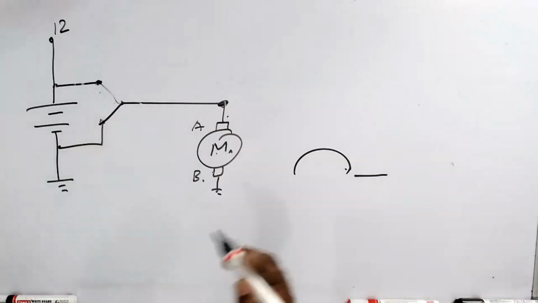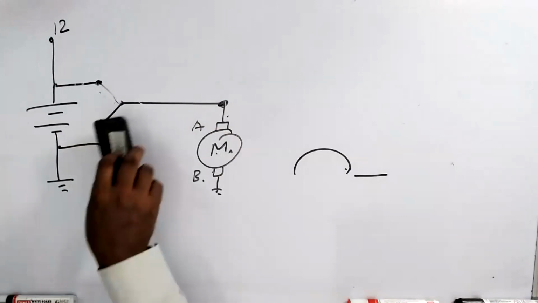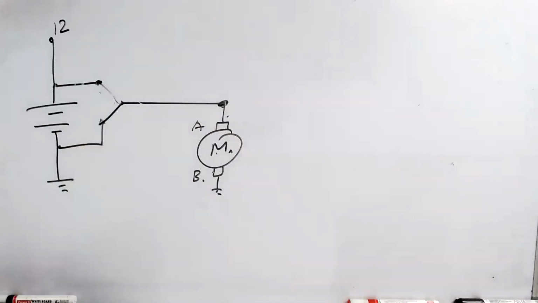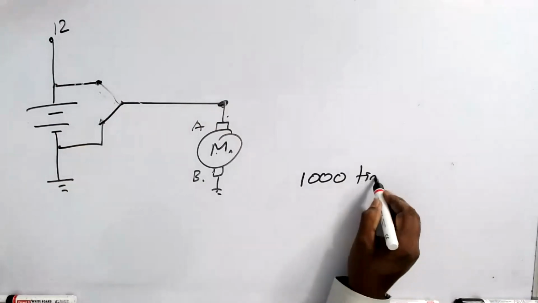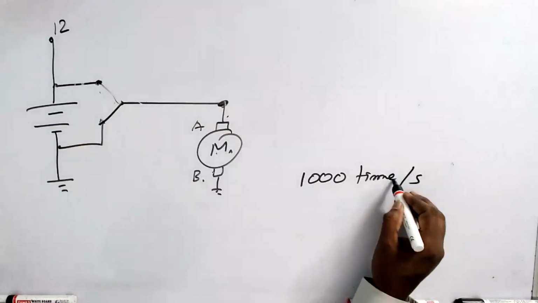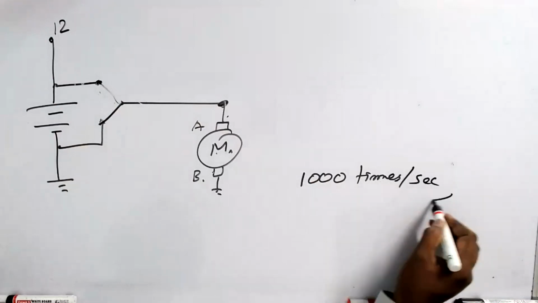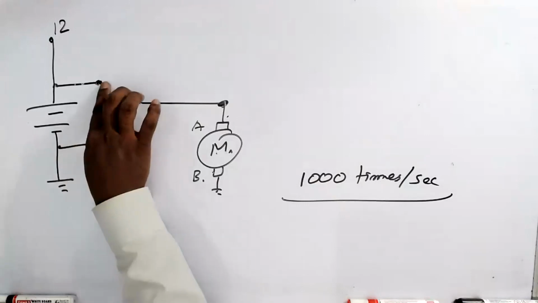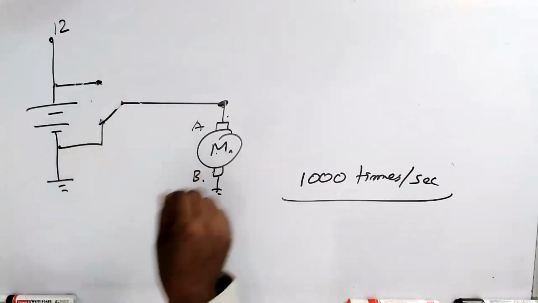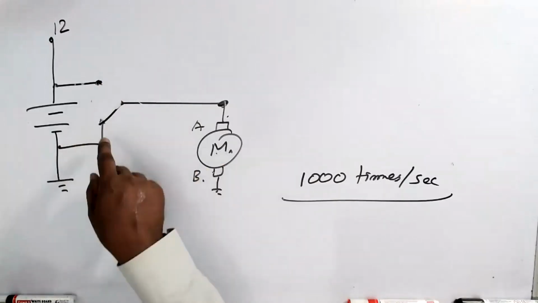That's all we expect. But if you make the switch on and off faster, let's say 1000 times per second, then what happens?